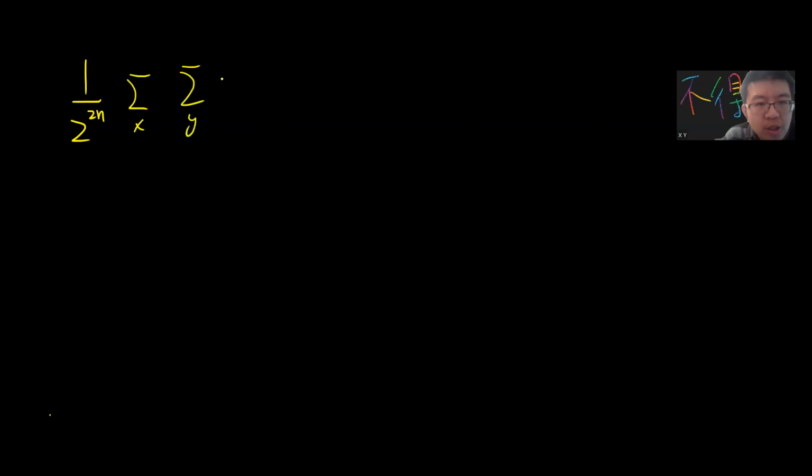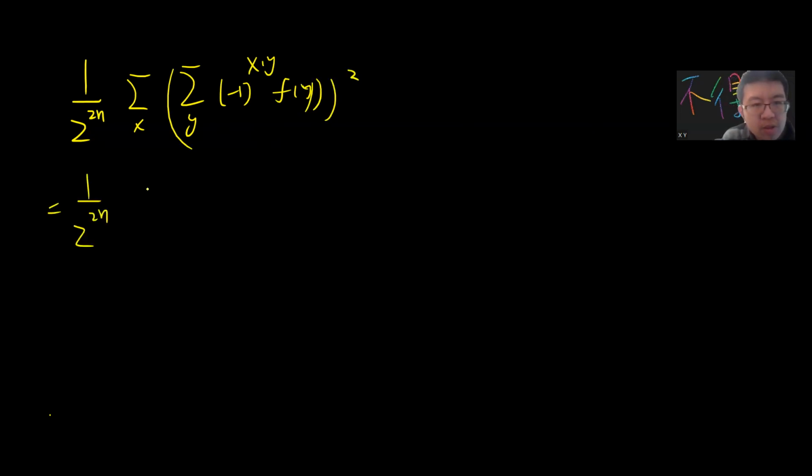Okay, so it's the sum over x of the sum over y of minus 1 to the x·y, f of y, squared. Okay, so the quick calculation is to do this 1 over 2 to the n. I don't know whether you guys have intuition or not, but usually when you calculate this kind of Fourier transformation, the only thing you need to do is just exchange the sums and use some identity.